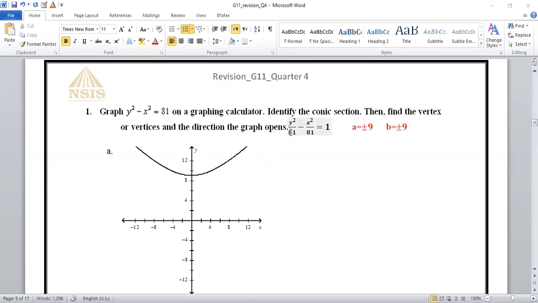We know that the first axis is the transverse axis, so the graph will be a hyperbola with its transverse axis along the y-axis.